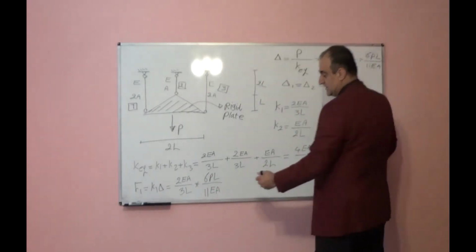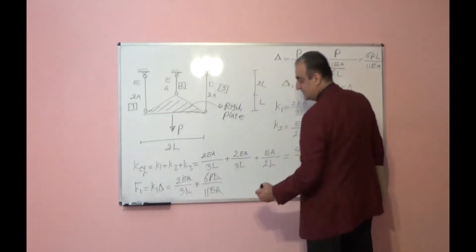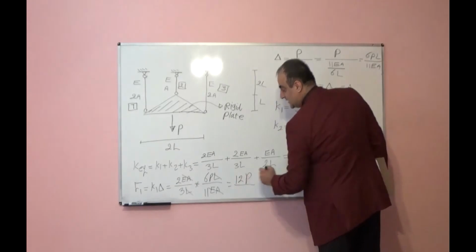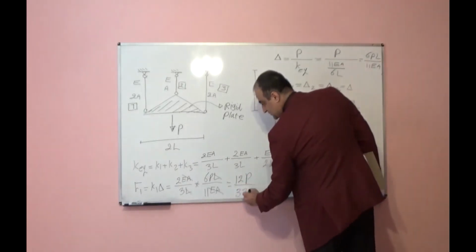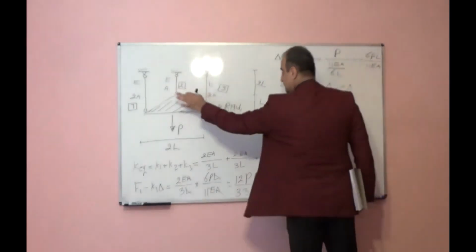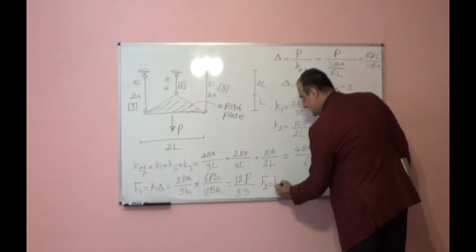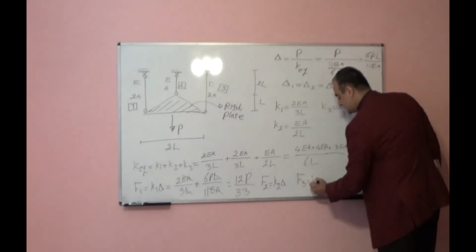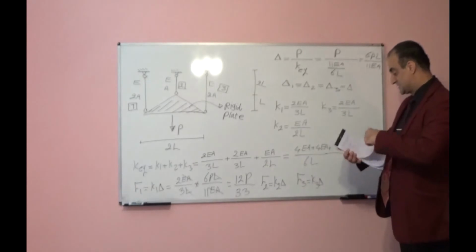And you see EA and EA will cancel out, L and L will cancel out. So this will be 12P divided by 33. If I want to find the internal force in rod 2, again I will do a similar thing. F2 is K2 times delta, and F3 is equal to K3 times delta. This is the first problem.